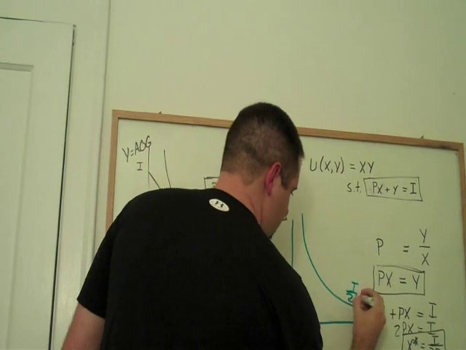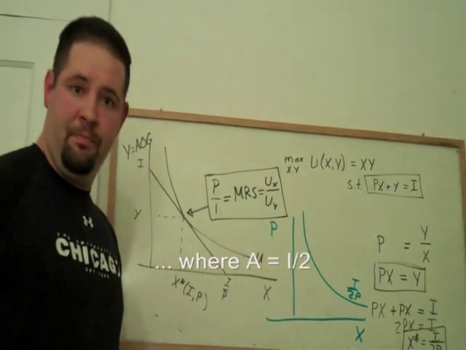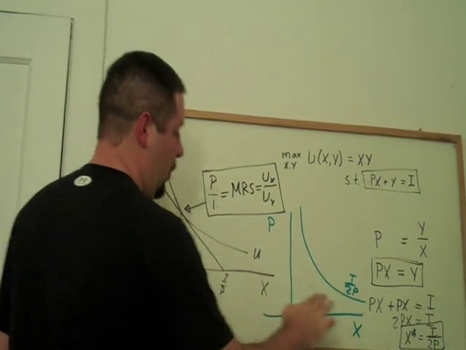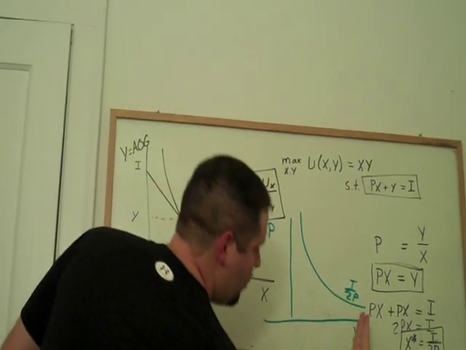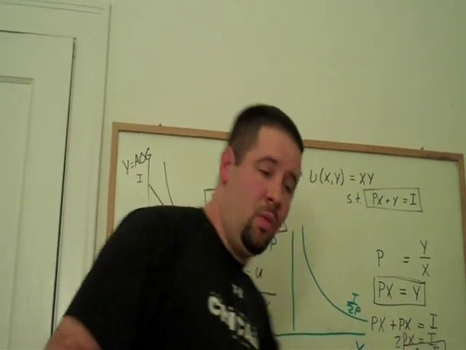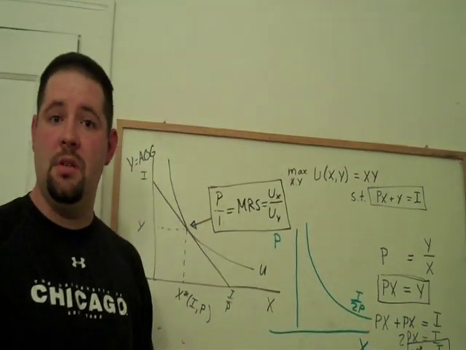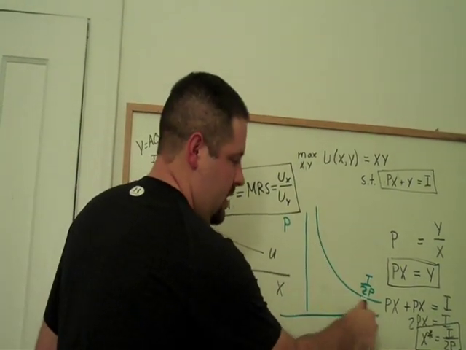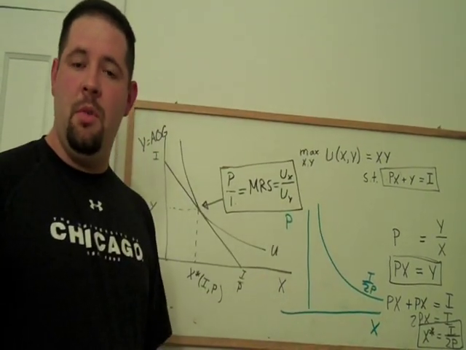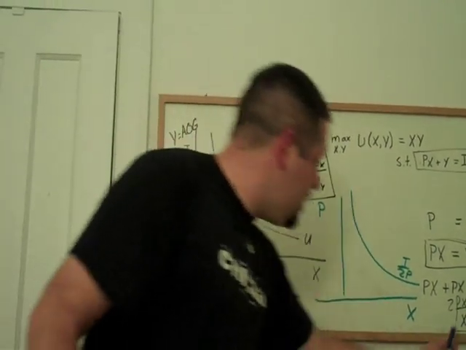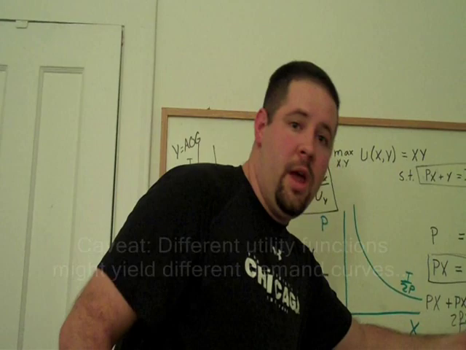Depending on what our income is, we'll have a different one. But as the price increases, the quantity of x approaches 0. As the price decreases, the quantity of x increases quite a bit. And so we can see that this traces out a nice negative relationship between the price and the quantity of good x. And it does so in a nice general way.